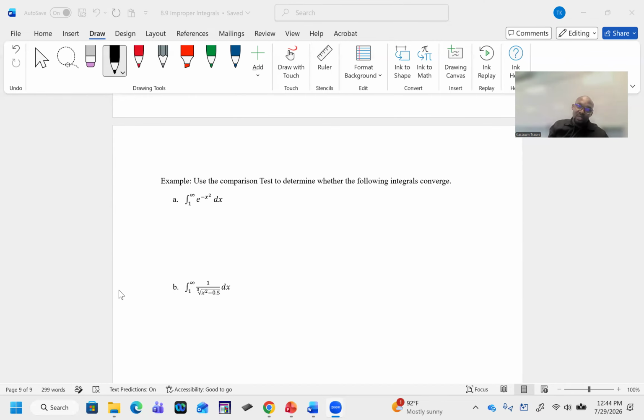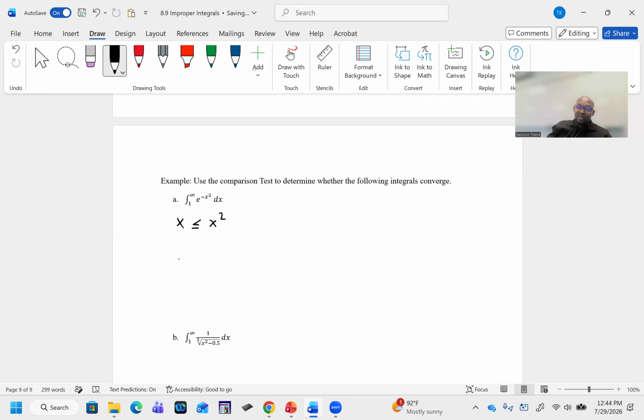So we are going to use the comparison test. You can see, if I'm using the comparison test to check if this converges or diverges, the first thing we all know is x is less than or equal to x squared, right? That is true.